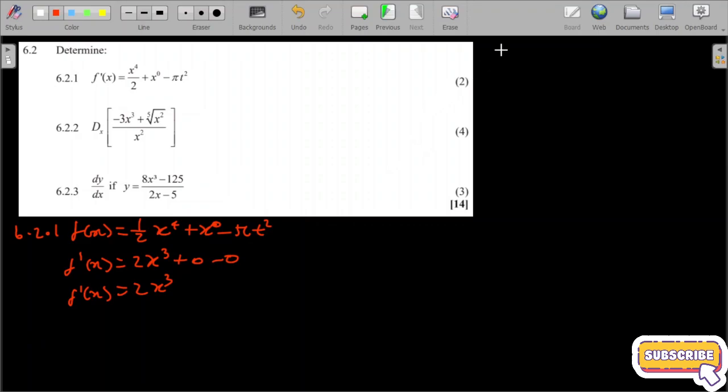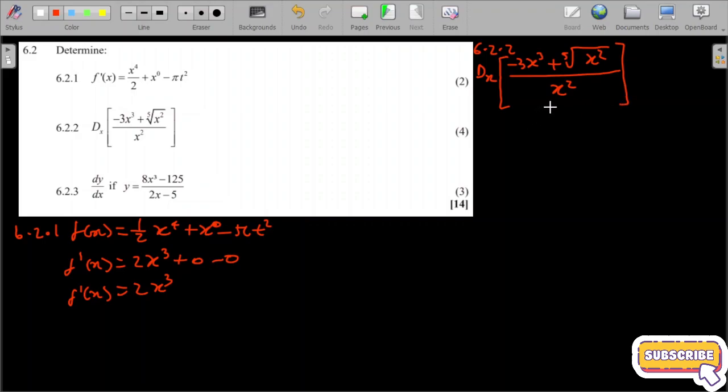Now let me just write my 6.2.2 here. So my dy over dx is going to be negative 3x cubed plus the cube root of x squared, all over x squared. So I need to derive this.